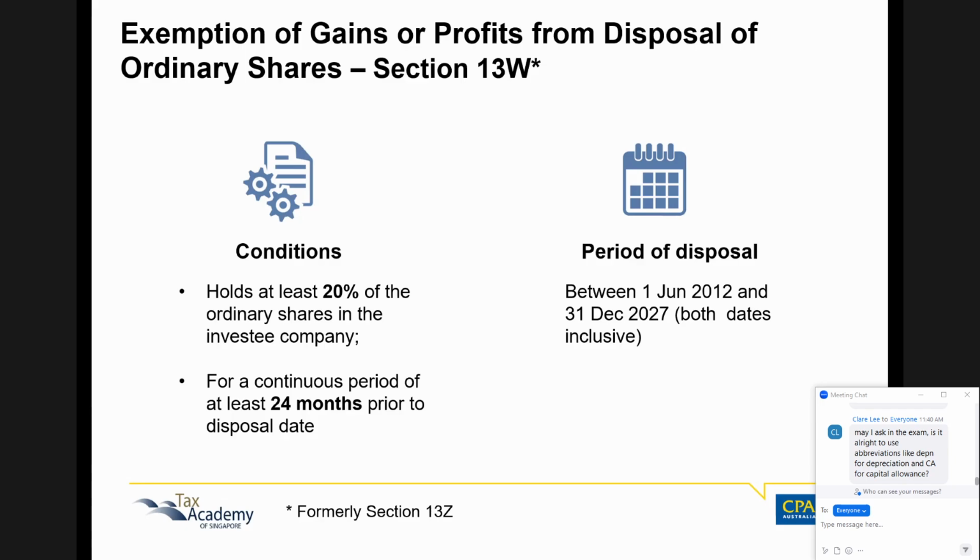So you have to hold it for at least 24 months. And the period that we are looking at is the period stated here. I won't read it out, you can see it yourself. So this is for the certainty.